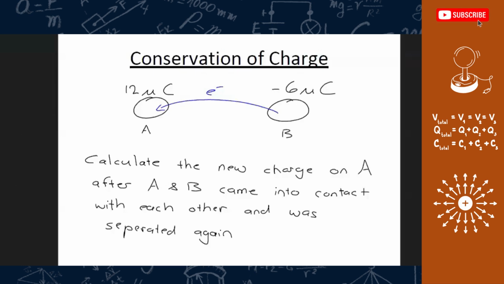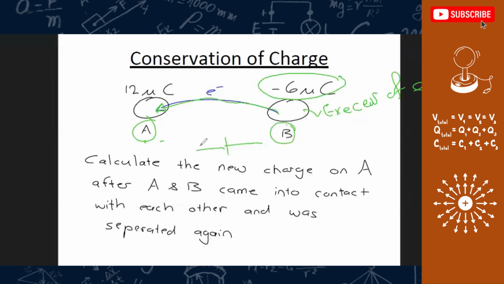Object B has an excess of electrons; that is why it is negatively charged. So the electrons are going to move to A until object A and object B have the same charge. From there on, they will separate from each other.